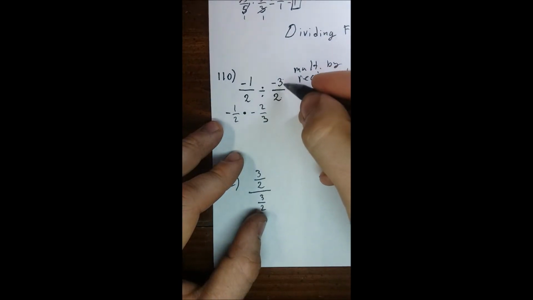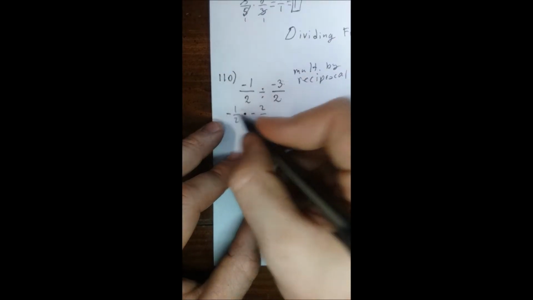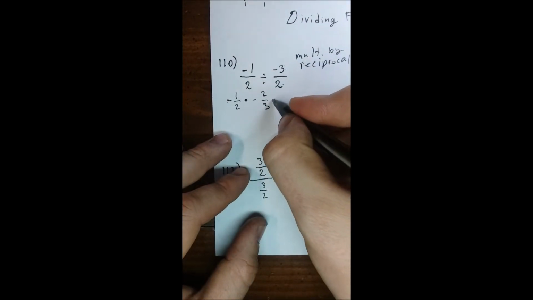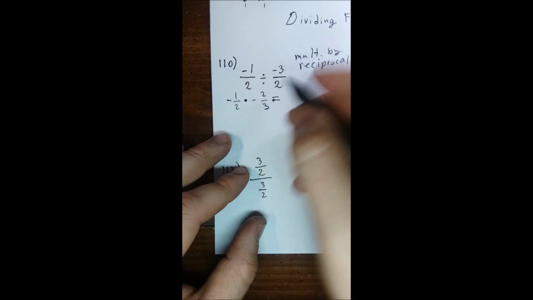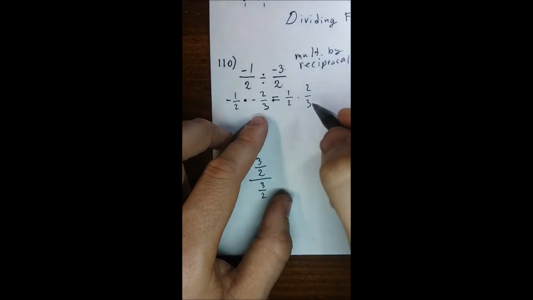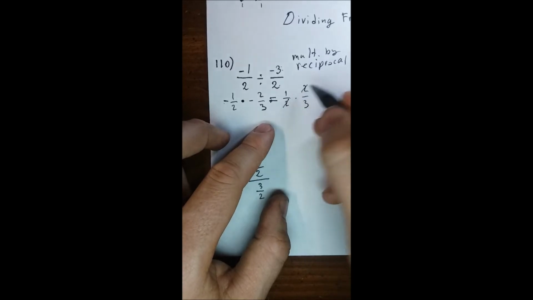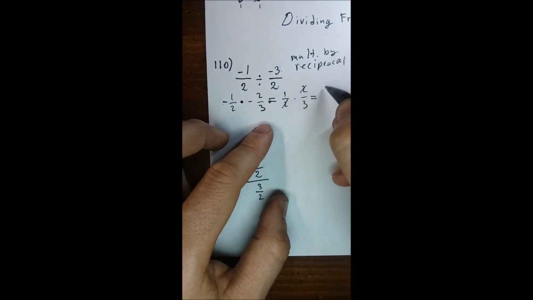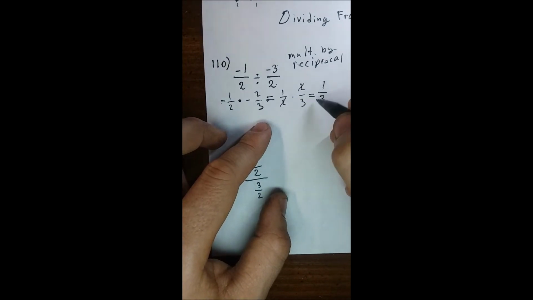All you do is you switch this 2 around. Switch places. So now negative times a negative, the answer is going to be a positive. Now it's going to be 1 over 2 times 2 over 3. And here we go. 2 and 2 here cancel out. So we're looking at 1 over 3. Final answer.